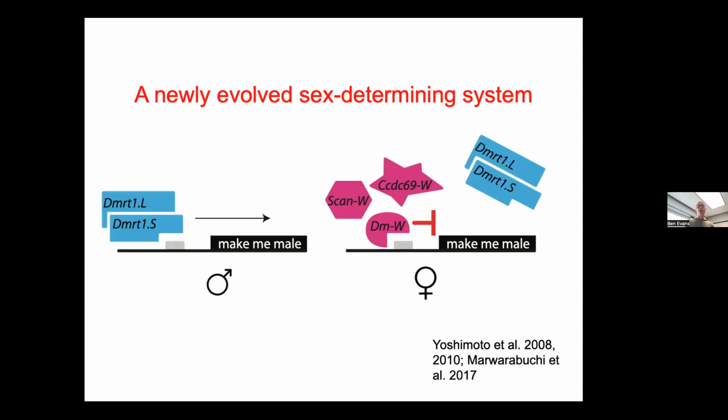Of course, it's more complicated than that because Xenopus laevis is tetraploid, and then there's also some other genes that are female specific. And so I want to talk about these genes. It's still fairly simple, but it's got more moving parts. In addition to DMW being found only in females, there's two other genes, ScanW and CCDC69W.